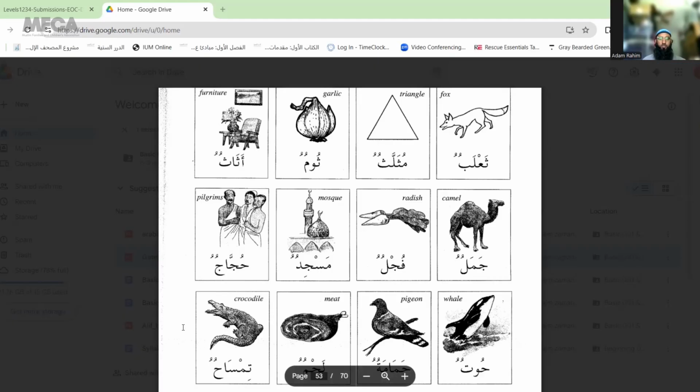Very good. Let's take a few more examples before we end today, inshallah. So, Brother Hussein, starting with the first one, please, on this page, the fox. Tha'labun. Very good. Very nice.